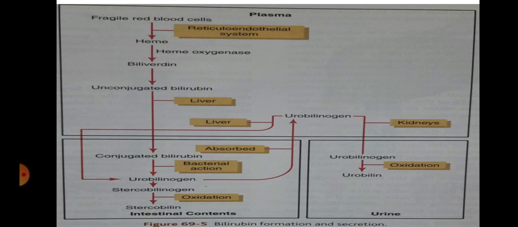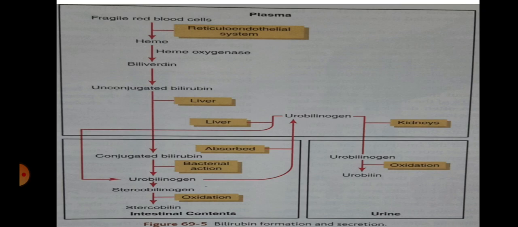In these forms, the bilirubin is excreted from the hepatocytes by an active transport process into the bile canaliculi and then into the intestines.